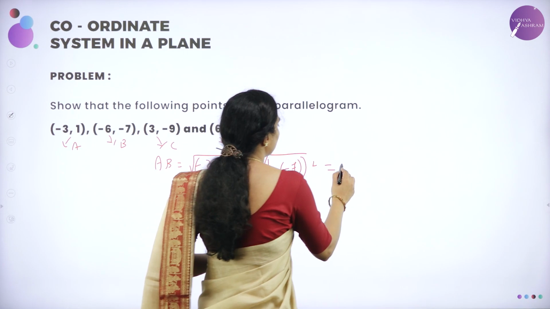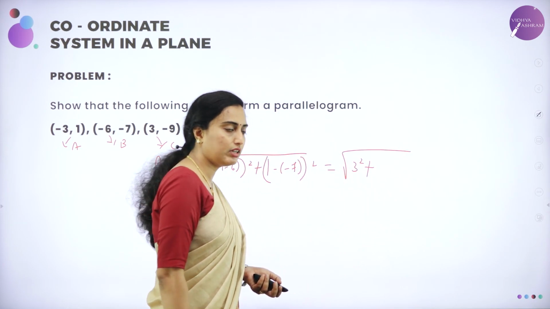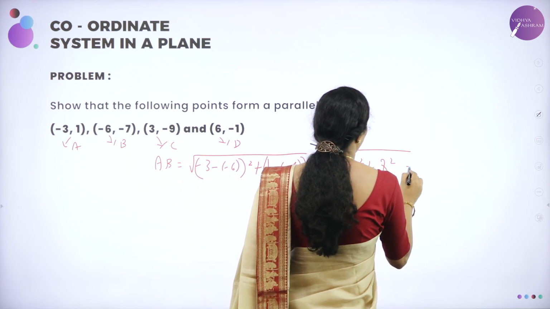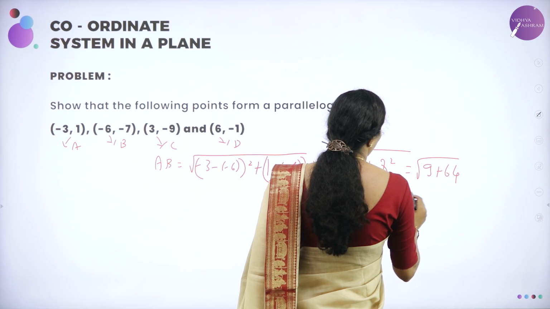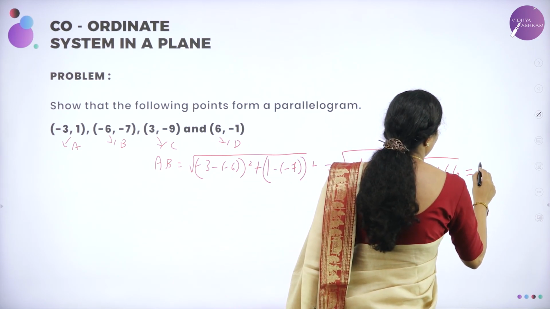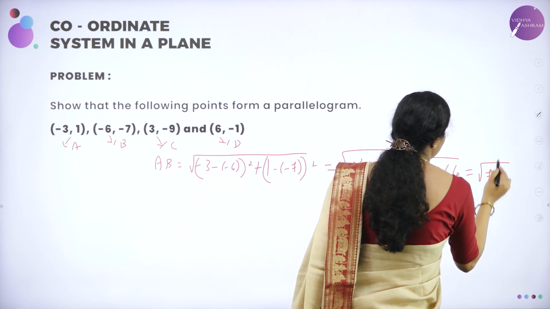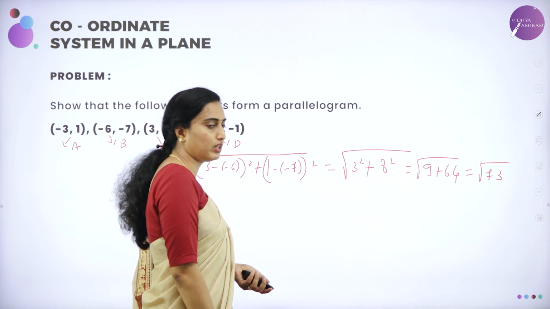Plus 3. So plus 3 whole squared plus 1 plus 7, 8. So you are going to have the answer square root of 9 plus 64, which is square root of 73, correct? Yes, square root of 73.